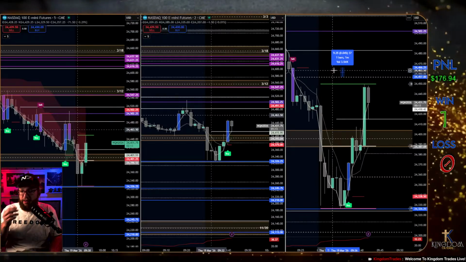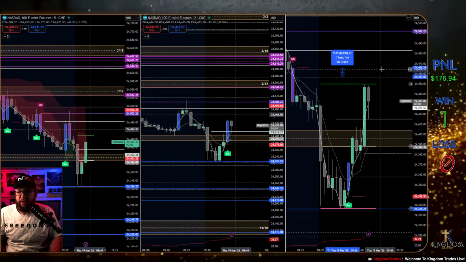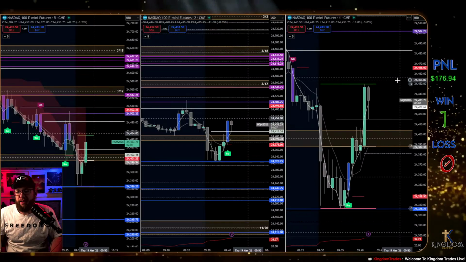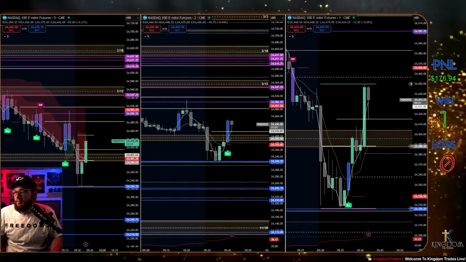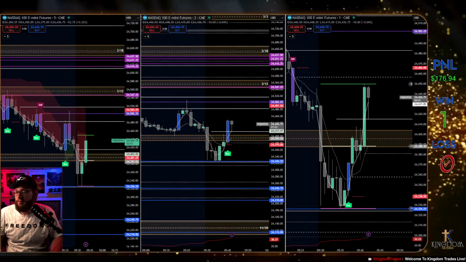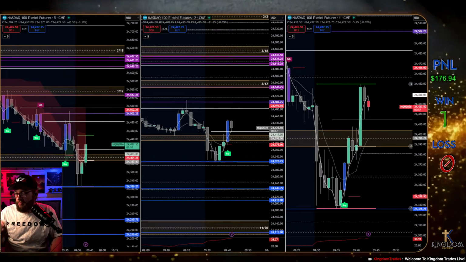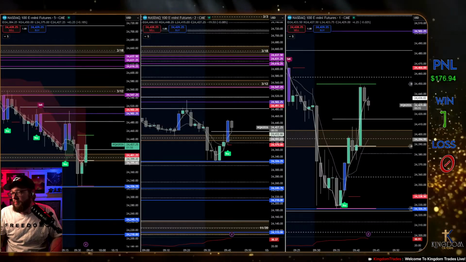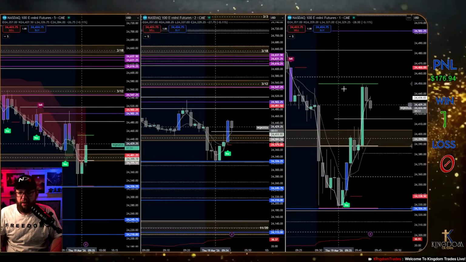Now we're having a big uptrend. I mean, the 5 minute is still downtrending. That's 10 points of risk. Didn't quite reach it.